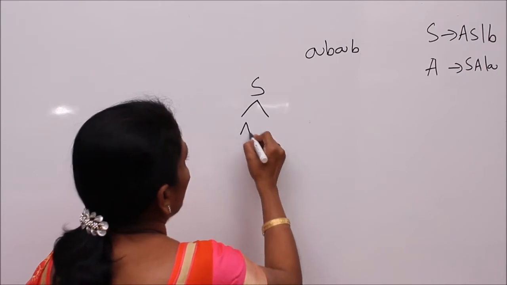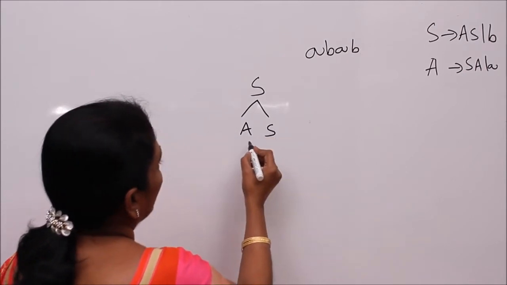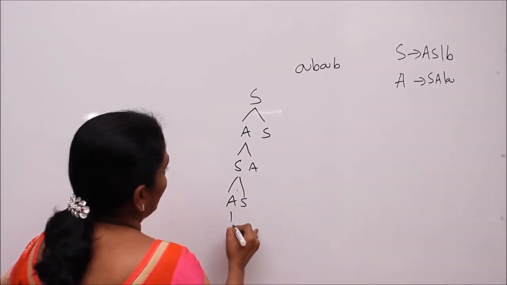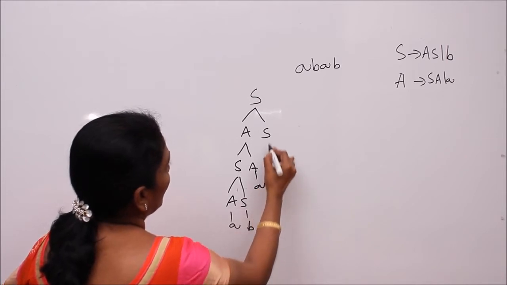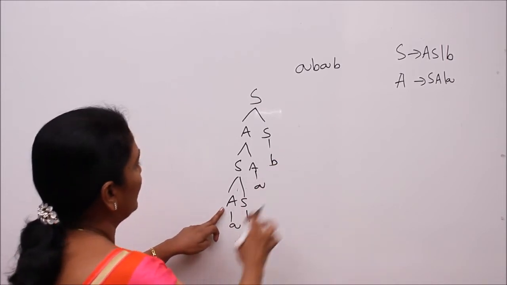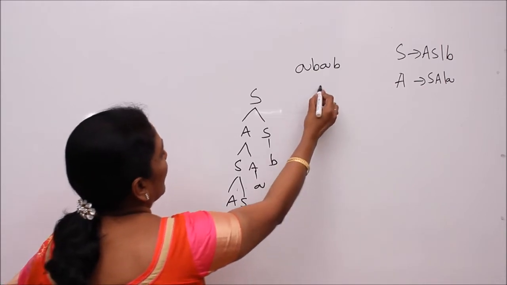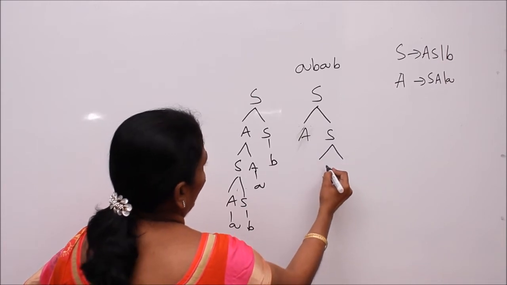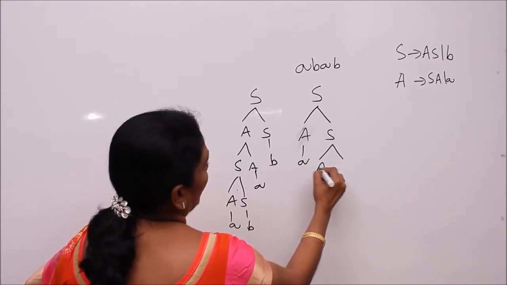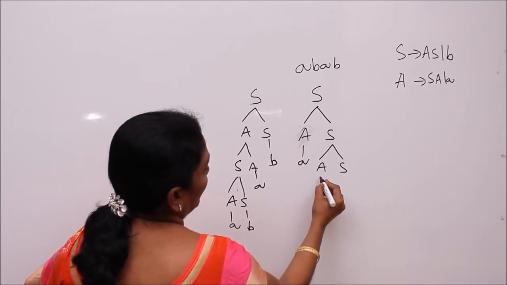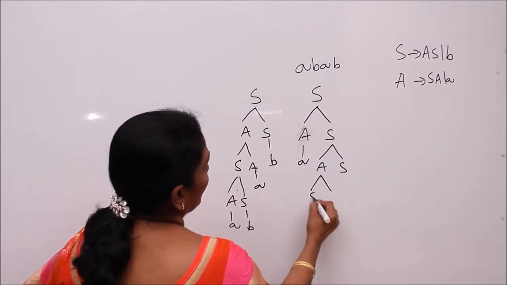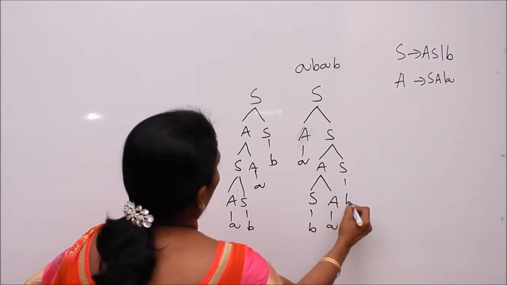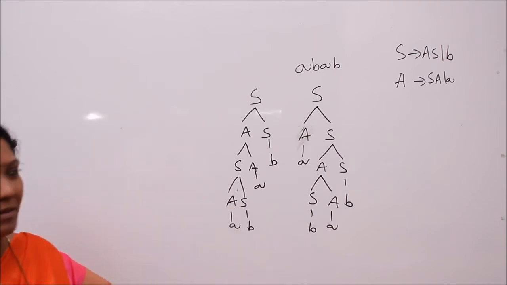S to AS. Suppose I go with AS, A can be SA, S can be AS, A, B, A is A, S is B. Or I can go with AS, S is AS, where A is SA, S is B, A is A. Two different parse trees.